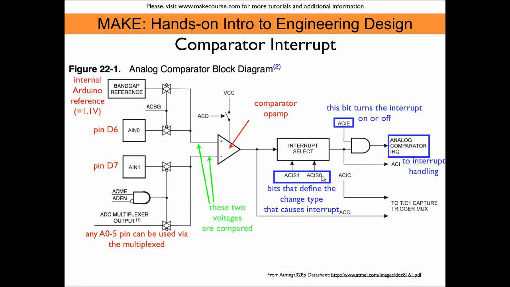So all we have to do now to use this comparator interrupt is select the right inputs, select the right interrupt method, and turn on the interrupt, and then we can use it. And this is done by setting these bits in those registers. And we will see in the Arduino Sketch how this is done.